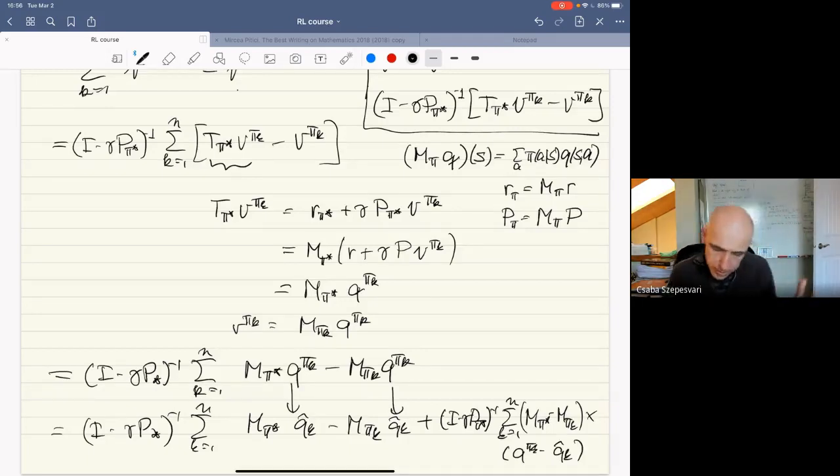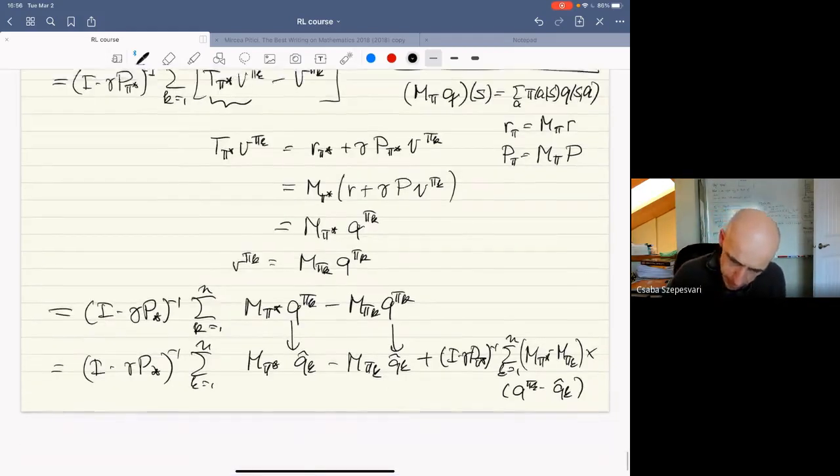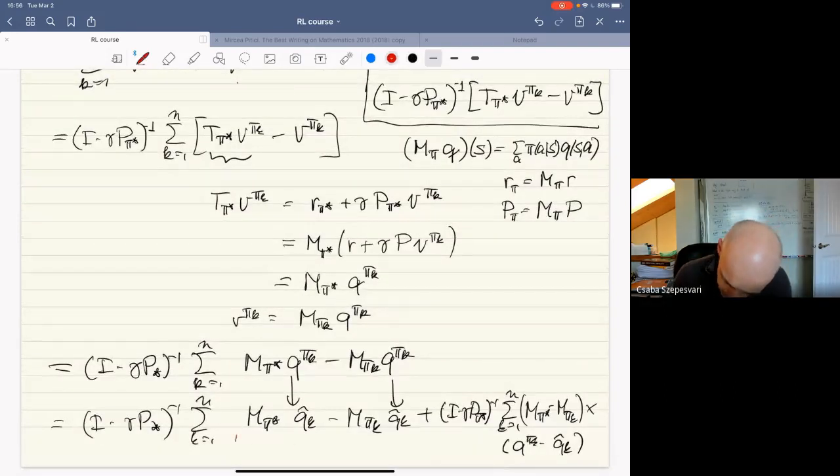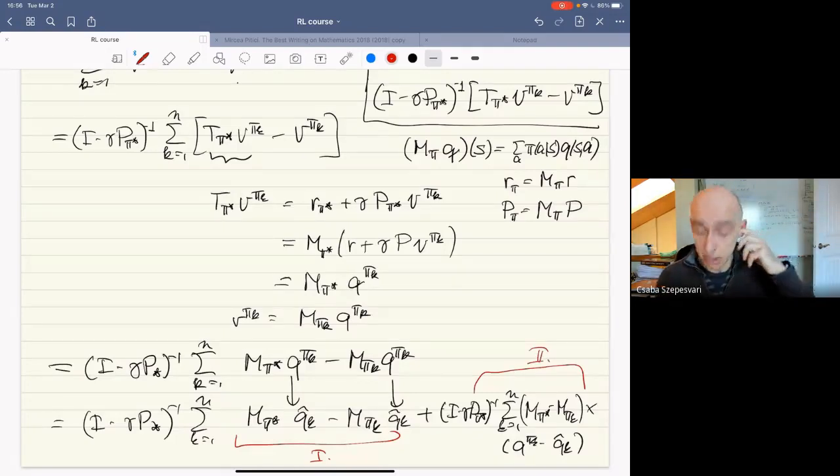So we decompose the error into two terms, term 1 and term 2. Term 2 is controlled because we are fitting q hat of k to fit well to q of pi k.